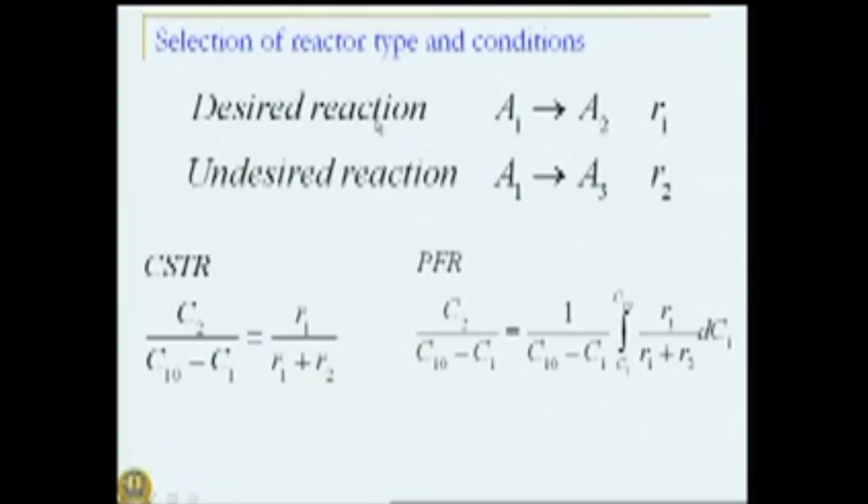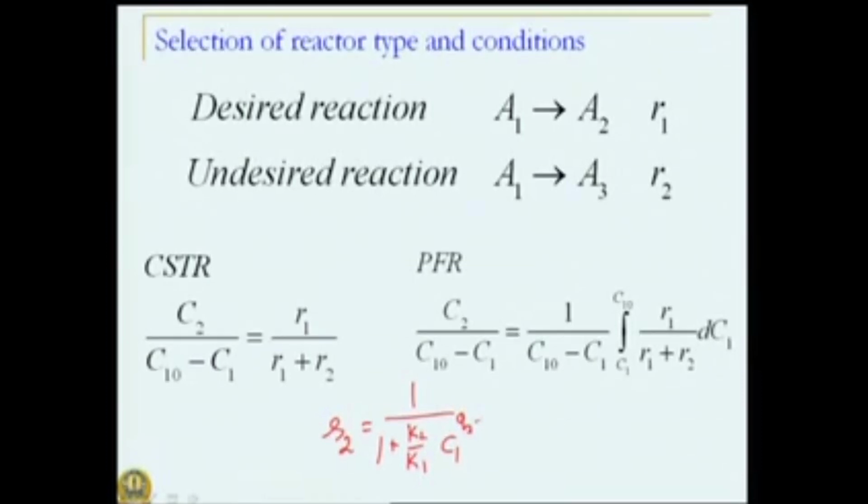Once again reiterating the same idea, for CSTR this is my selectivity, for plug flow reactor this is my selectivity, and we just wrote that selectivity S2 is 1 over 1 plus K2 by K1 C1 raised to Q2 minus Q1, if R1 and R2 are expressed as power law kinetics having orders Q1 and Q2.